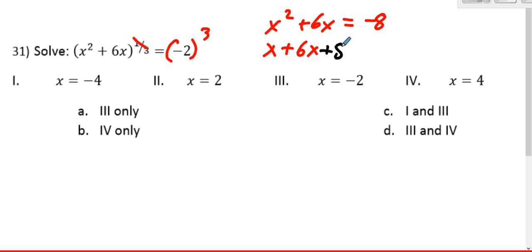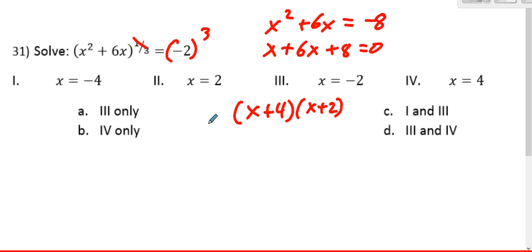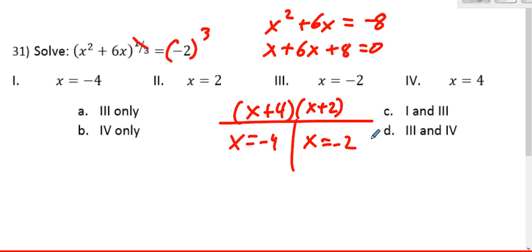You get a positive 8. Now we got to factor that. Multiply to be 8, add to be 6. That's 4 times 2. So you get x equals negative 4, x equals negative 2.